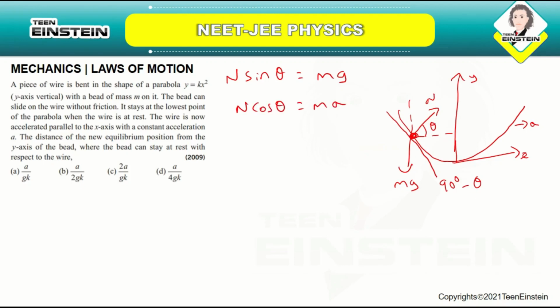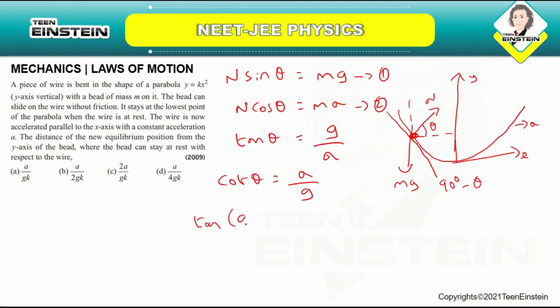Okay, so when you divide these two things, you will be getting tan theta is equal to g by a, or cot theta is equal to a by g. So cot theta is what?